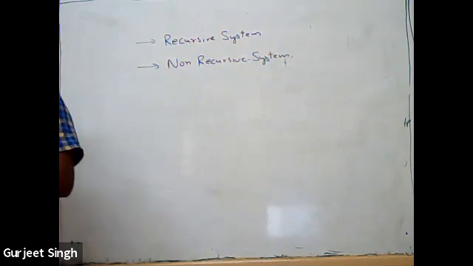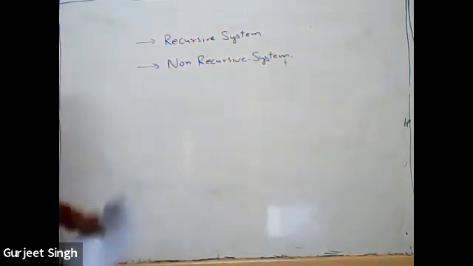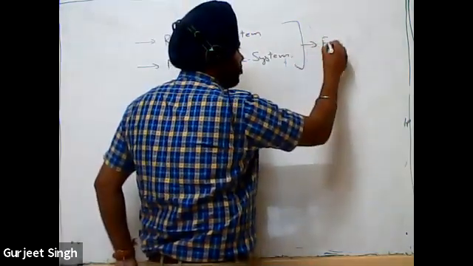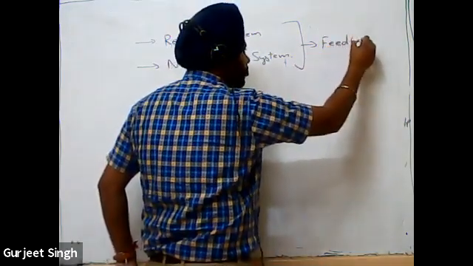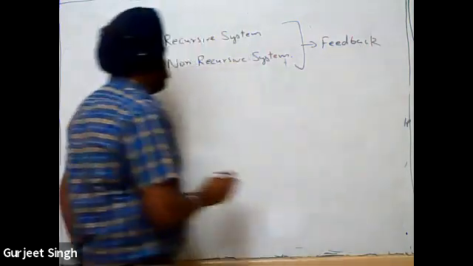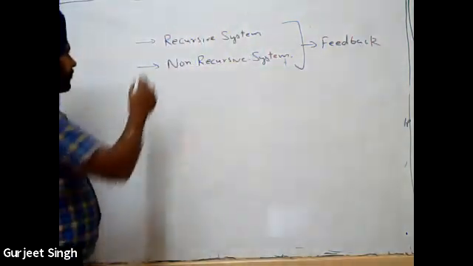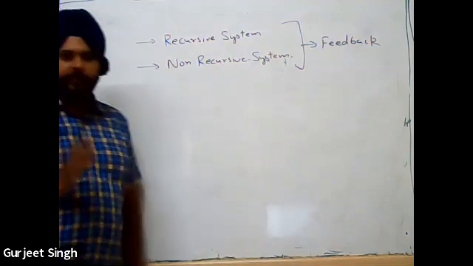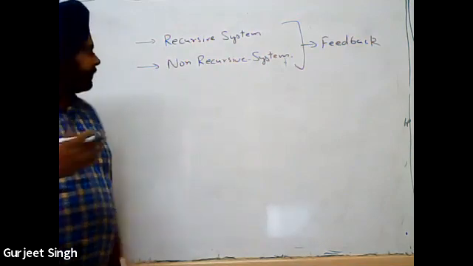The major difference between the recursive and non-recursive system is that in these two systems the most important parameter is the feedback. In the recursive system we are using feedback. In the non-recursive system we are not using feedback. This is the major difference between these two.